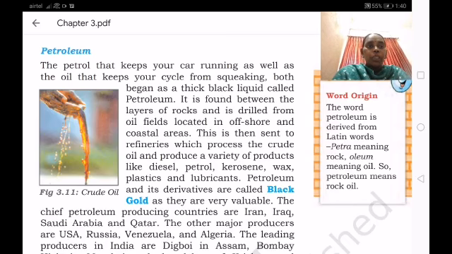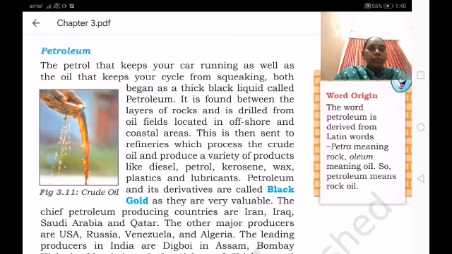The refineries process the crude oil and produce a variety of products like diesel, petrol, kerosene, wax, plastics, and lubricants, separating the different products.